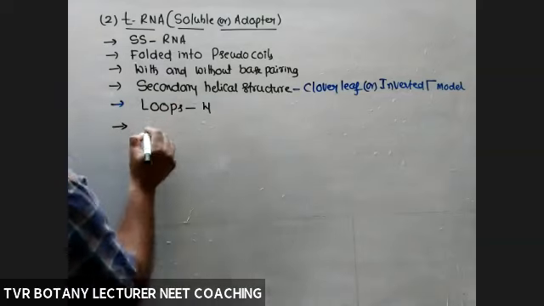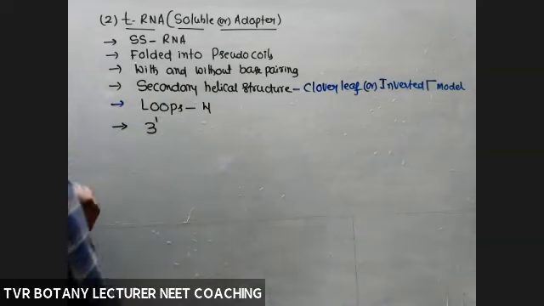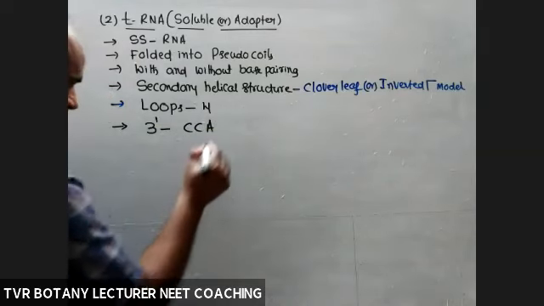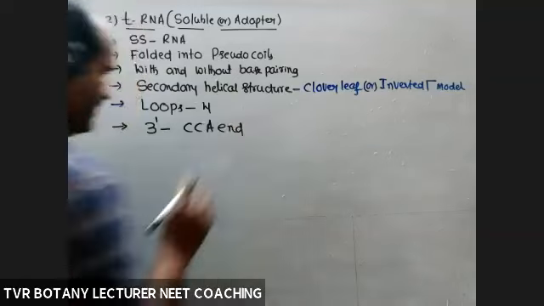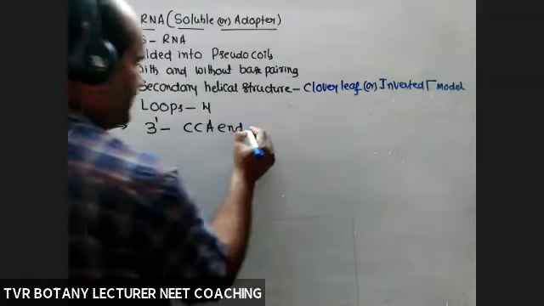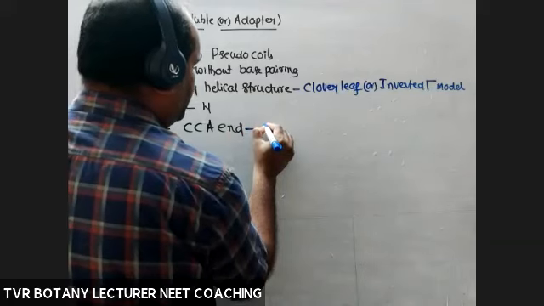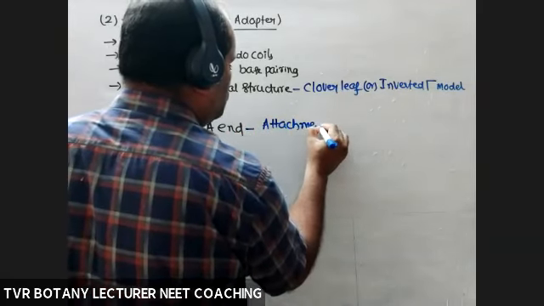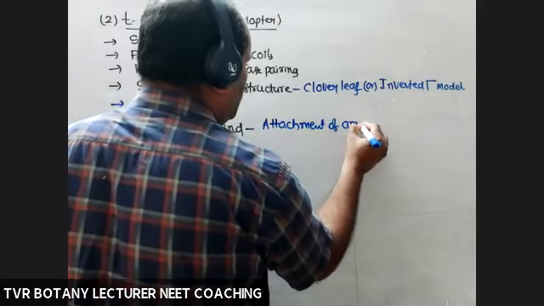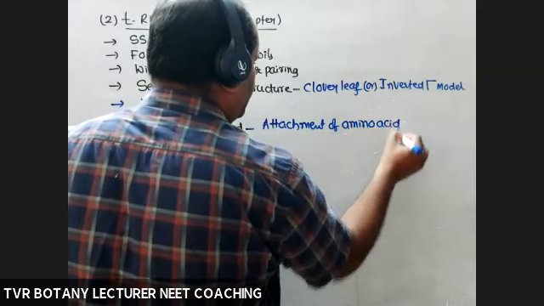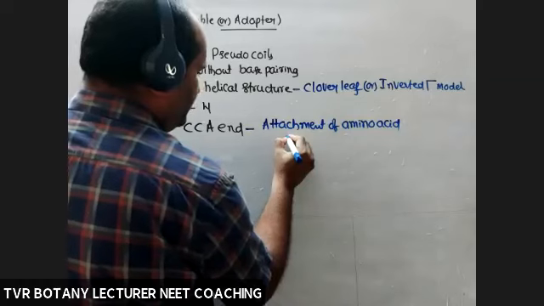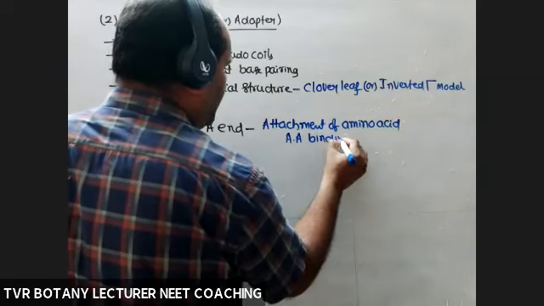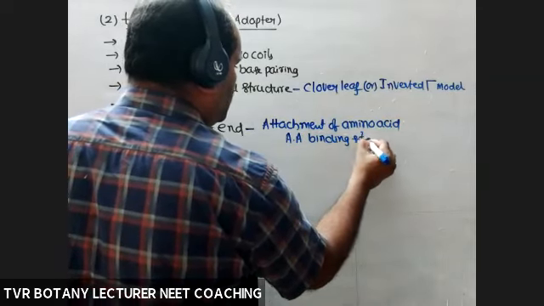Next, very, very important. Towards the 3' end, downstream, the CCA end is present, and that CCA end is concerned with attachment of amino acid, or simply the amino acid binding site.